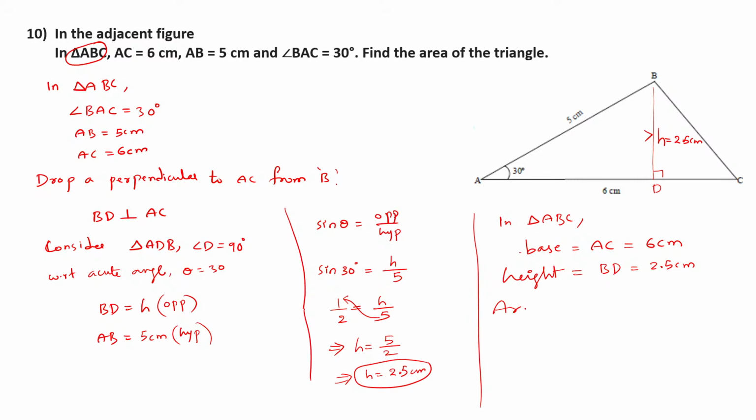What is the area formula? Area of triangle equals half into base into height, that is half into base 6, height 2.5. Two ones are two, two threes are six. Now 3 into 2.5 is 7.5, and units are most important: 7.5 centimeter square.